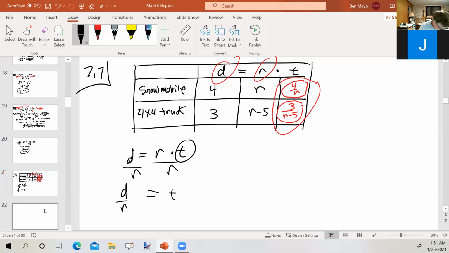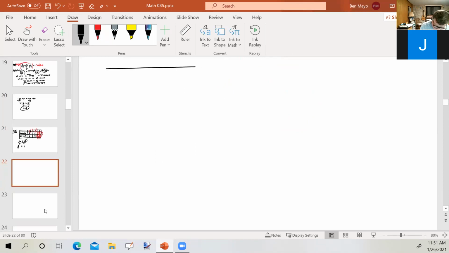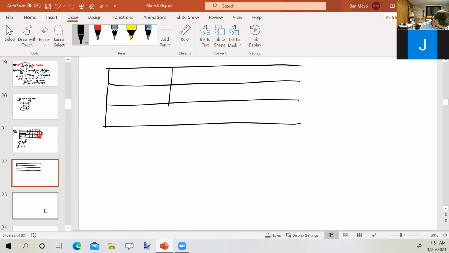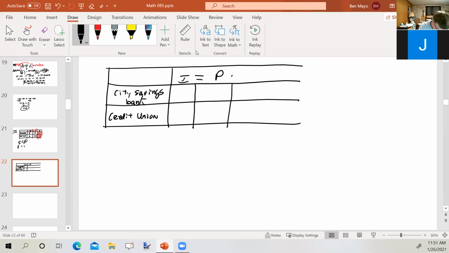Okay, let's take a look at another table. This says City Savings Bank, and this says Credit Union, and we have I equals P times R times T. I equals PRT.